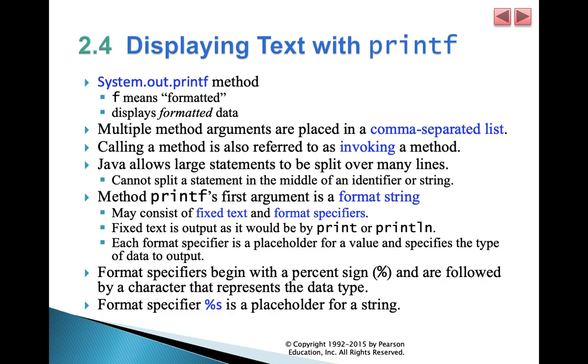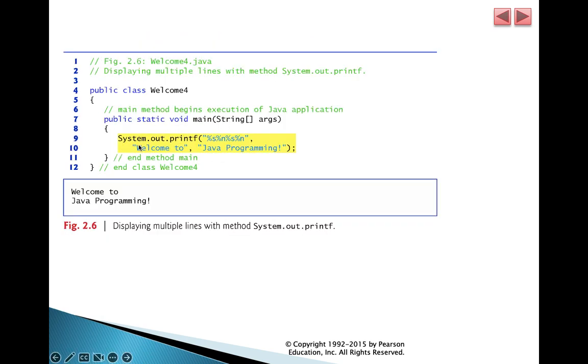We have printf, similar to printf in C++: system.out.printf. It's a formatted print. You give it first a string of the format. So you say I want to print a string, and then I want to print a new line. %n is new line, %s is string, and then another string and new line.